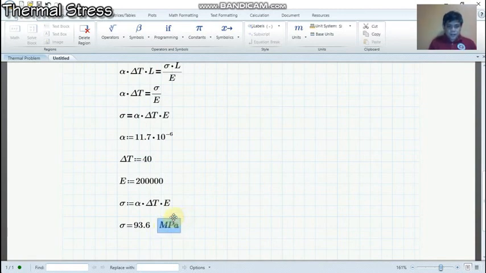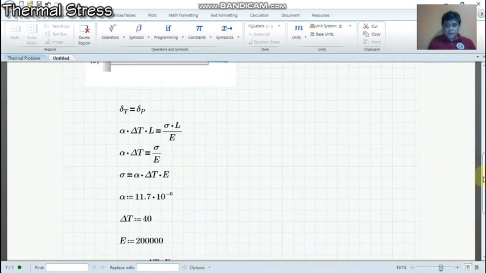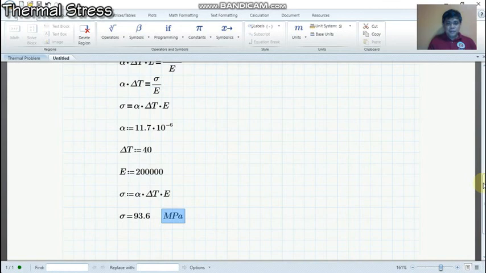So for situation A, wherein the walls are rigid, the stress in the bar will be 93.6 megapascal.